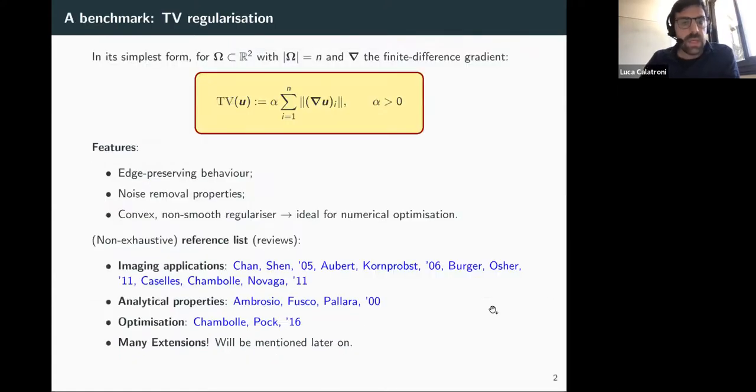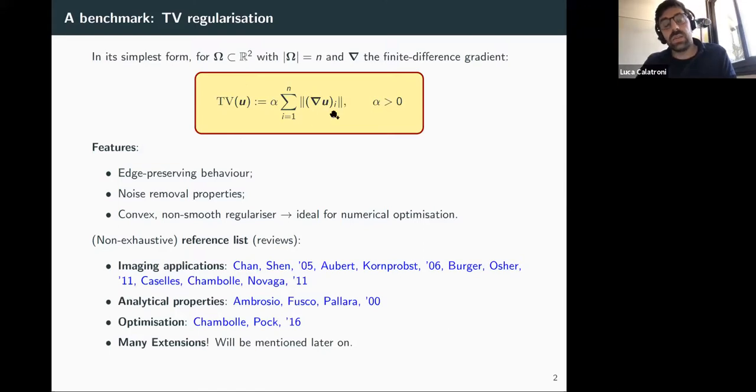As the title of my talk suggests, the starting point is going to be a very popular, very well-known and studied image regularization model for imaging inverse problems, which is total variation regularization, which I'm writing here.